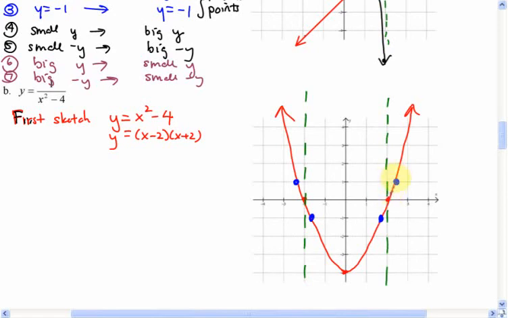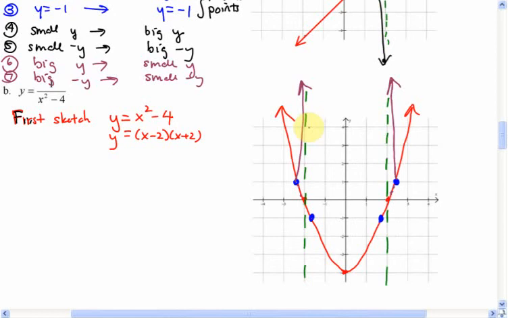Big. So you get this part. Are there any other small y values in this picture? Yeah, over here. So what happens to them? Big. See, the thing going up can't cross the asymptote. That's right. They can never cross the asymptotes.